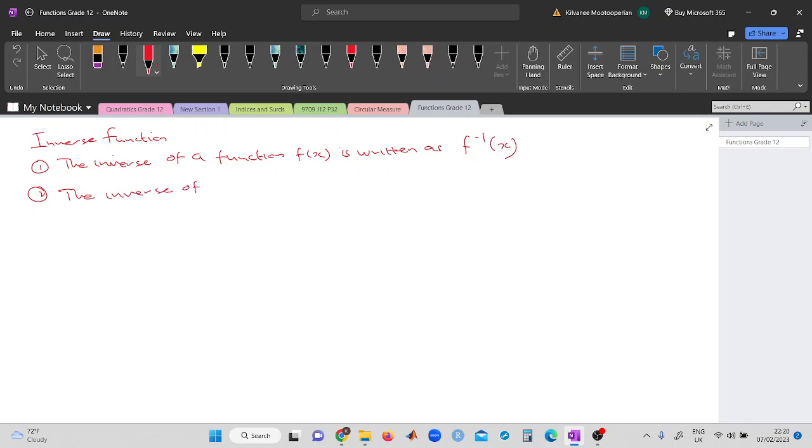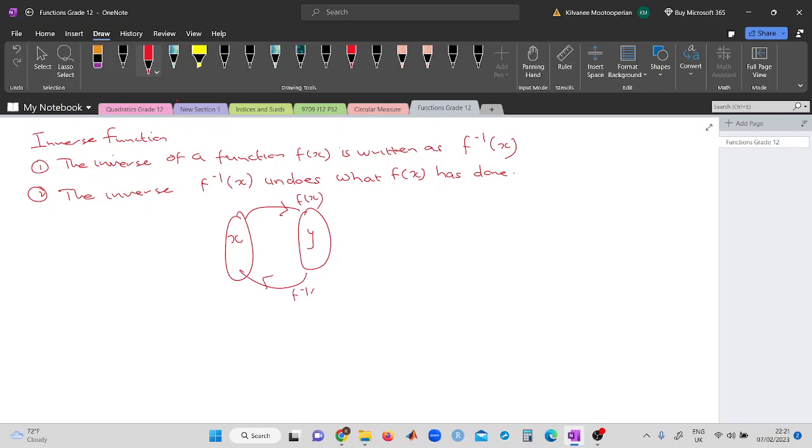The inverse of a function, f dash of x, donc ça c'est the inverse, ok, undoes what f of x has done. Par exemple, in mapping, this is all my values of x, this is all my value of y. Si x égale y fait moi f of x, b y égale x, c'est le contraire, c'est l'inverse. Ok, c'est f inverse of x.